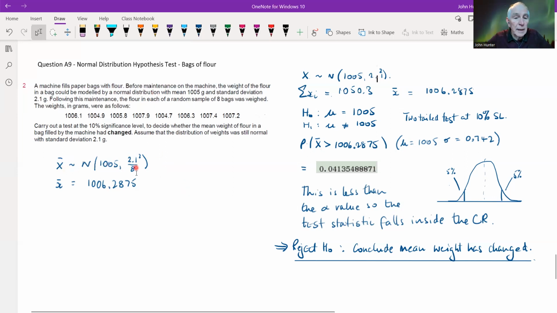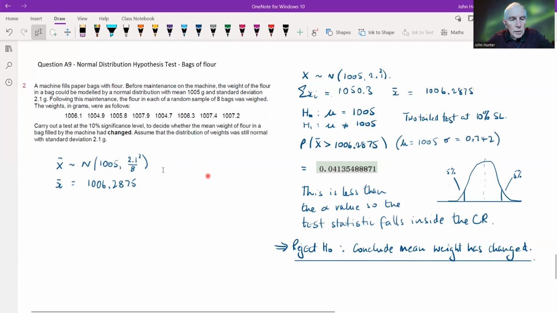But here we know that we're dealing with a normal distribution, so we're making a decent assumption that this sampling distribution is normally distributed. Now, the actual sample that we've got has a mean of 1006.2875.